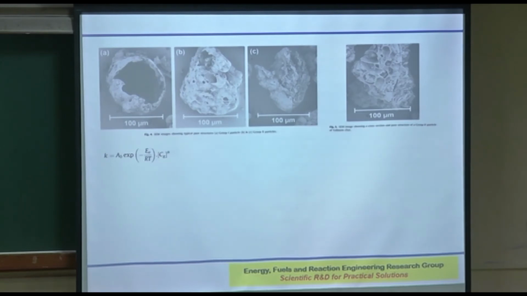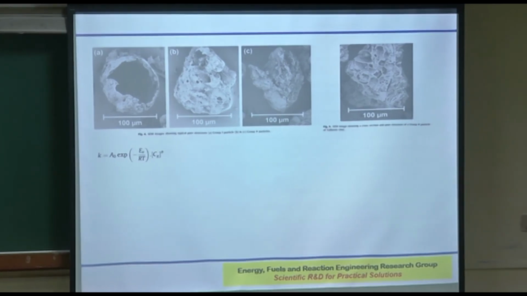See, she very carefully looked at a whole range of chars, about 100 different chars, and she found that there are 4 distinctly different types of chars collected from the drop tube furnace at 1000 degrees. The one on the left is very thin walled, hollow. The other one is very, very porous, more porous, somewhat porous, all sorts of things.